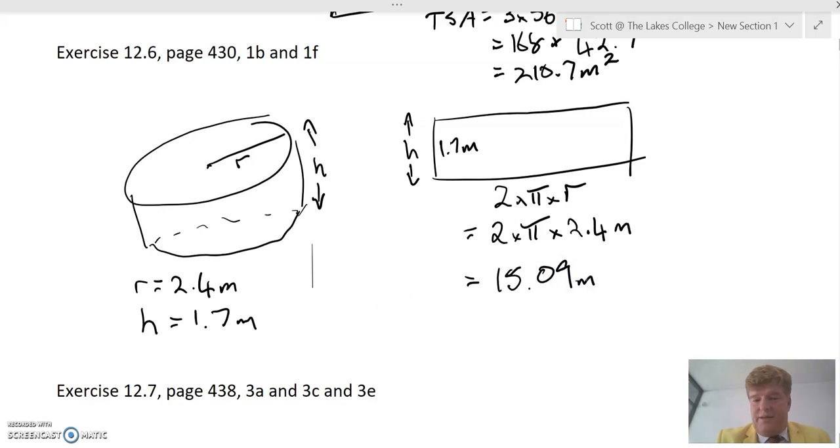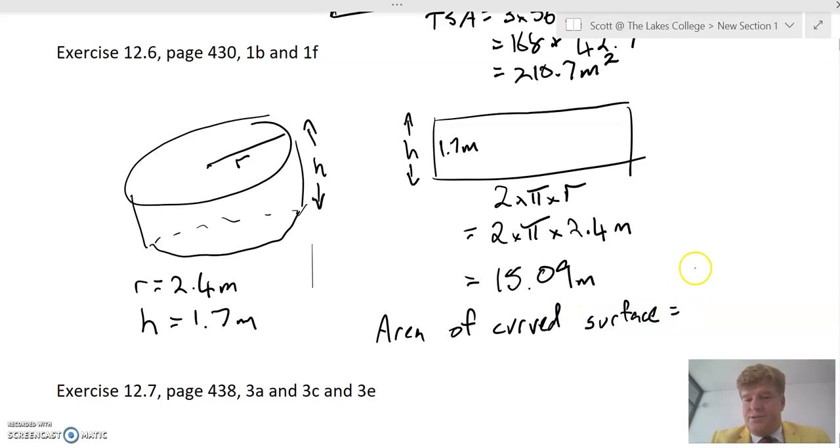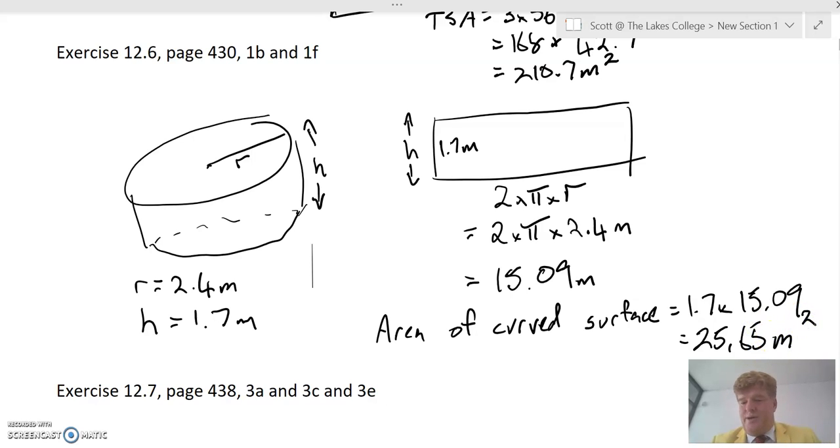So now, to work out the area of the curved surface, it just equals 1.7 multiplied by 15.09, and if I multiply those together, it's 25.65. We're working in meters, and an area is going to be squared.